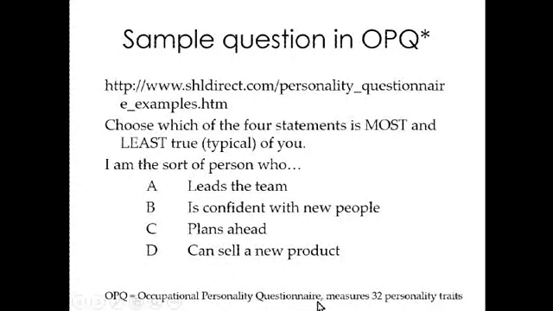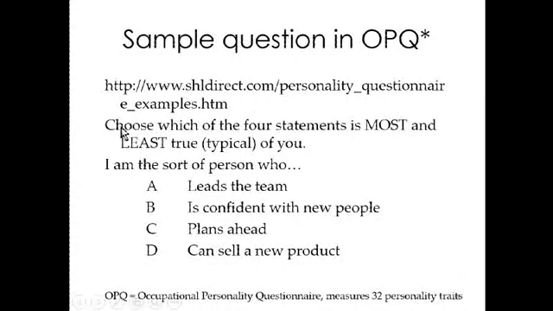You'll remember, class, when I discussed the prevalence of various selection procedures, that the OPQ is, as far as personality testing goes, pretty popular here in Australia. And this questionnaire measures 32 personality traits that predict various different criteria.